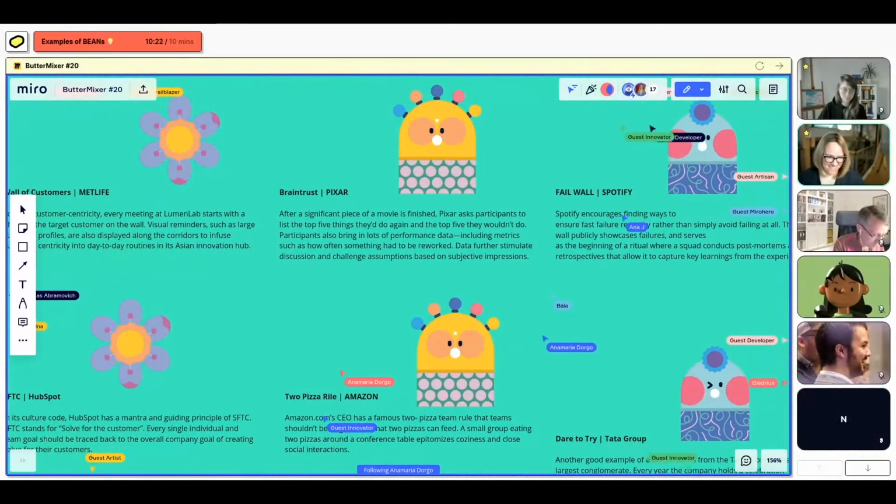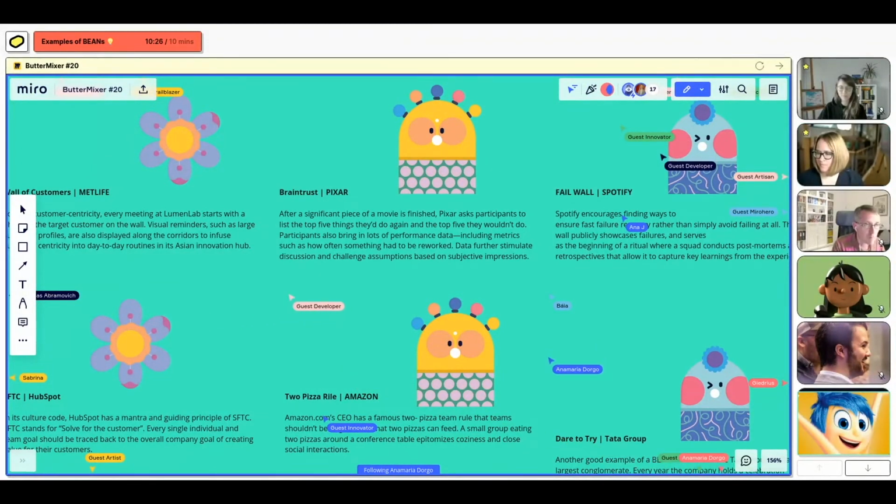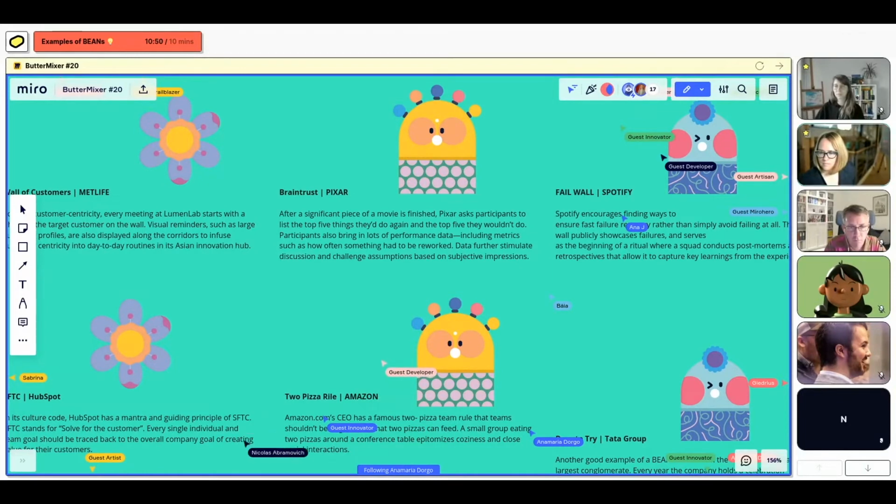Yes. So we were working on the collaborative, and actually we discussed one of them, but I'll go through both. I'm going to start with the second one. We were discussing the 2-pizza rule at Amazon, and I think the good thing about this was that if we want to have effective meetings, we want to have a group small enough that can be fed by only 2 pizzas.